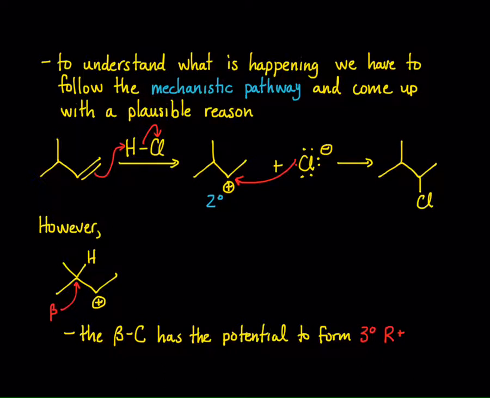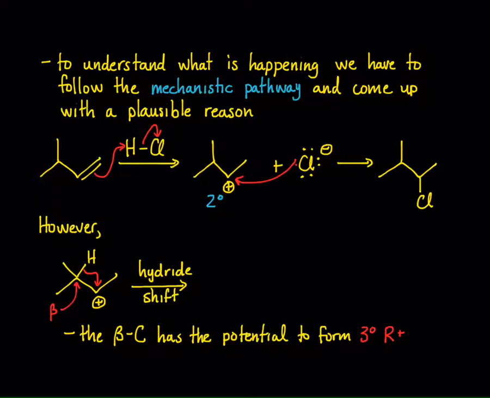Well, notice I've highlighted the hydrogen that's on that carbon. If the hydrogen and its electrons move toward that carbocation, we call this a hydride shift, right? Because the hydrogen and the electrons, that's a hydride, are moving toward that carbocation.